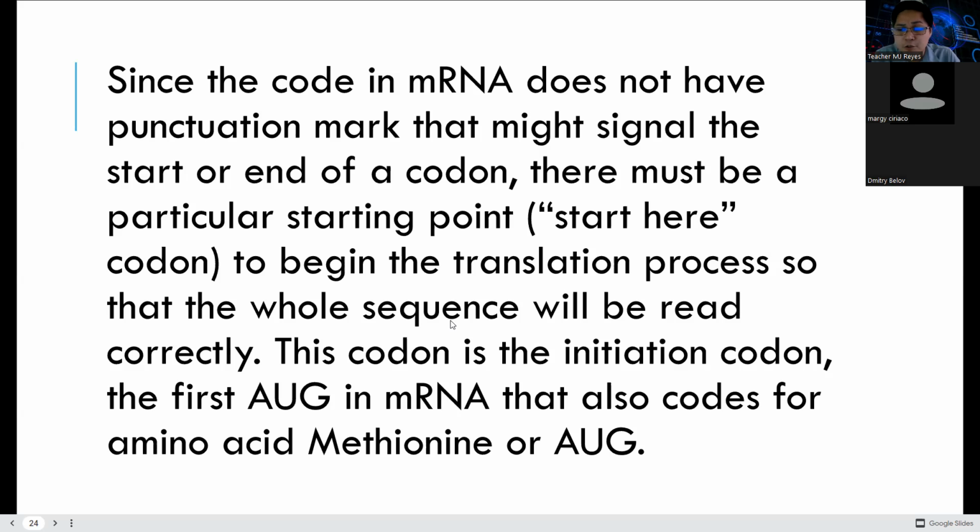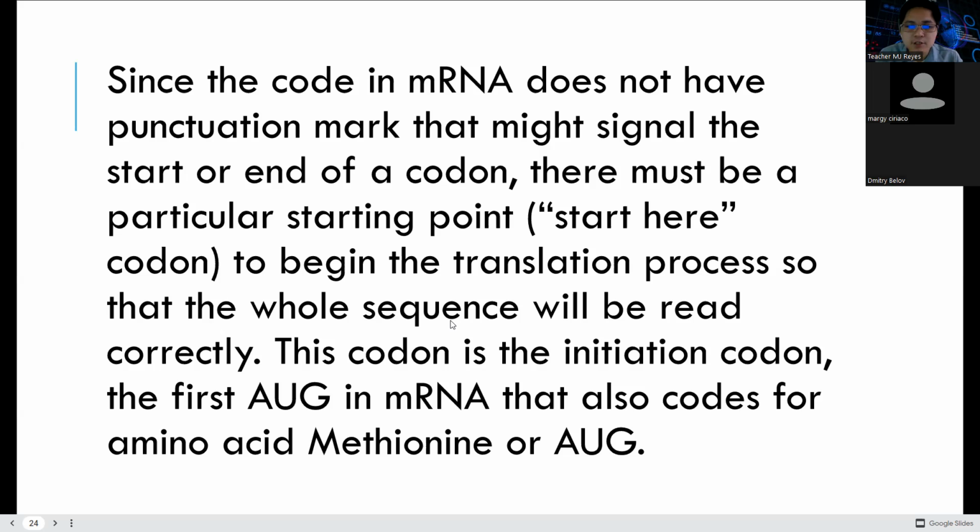What is the initiation codon? We have AUG. Okay, adenine, uracil, and guanine. And in mRNA, that also codes the amino acid methionine, or AUG. Okay, adenine, uracil, guanine. I will let you see the table later of these codons.